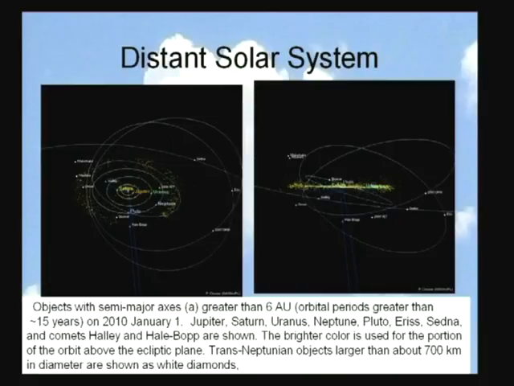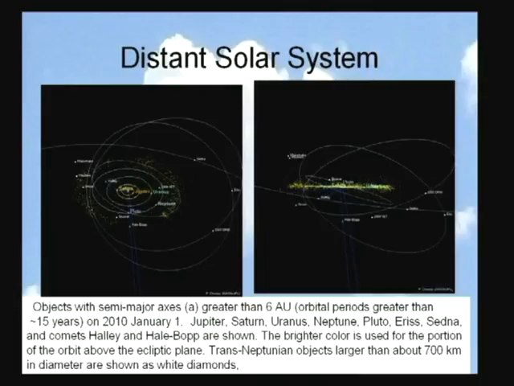And the point I would like to make is that the orbit of Pluto passes through this region quite densely filled with asteroids. You can see it here. The orbit of Pluto passes through this region filled with asteroids.